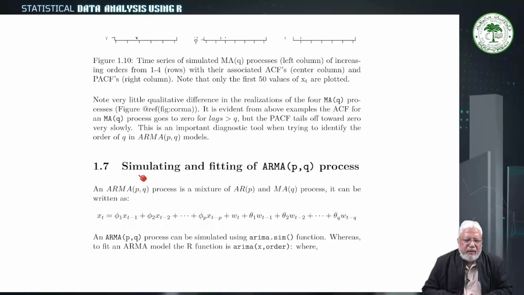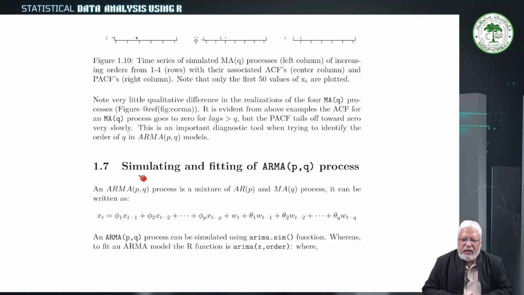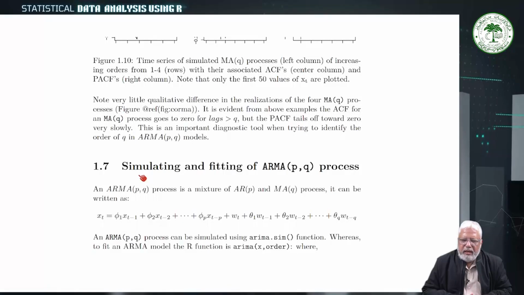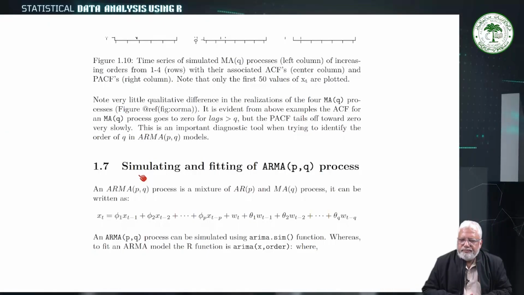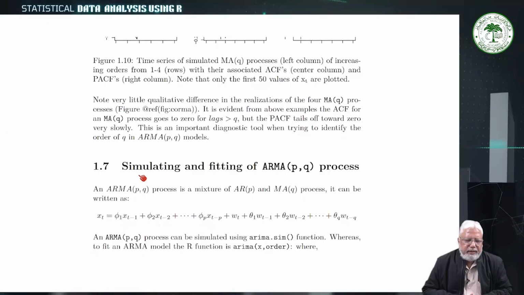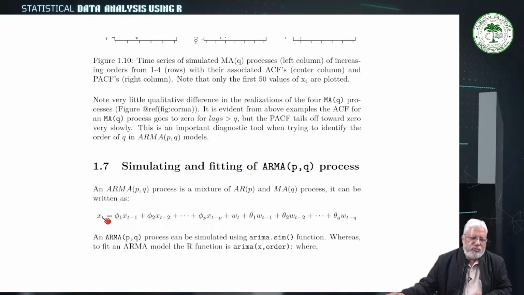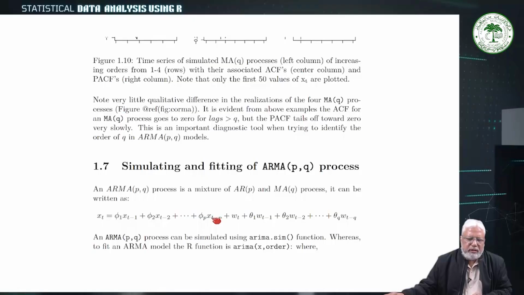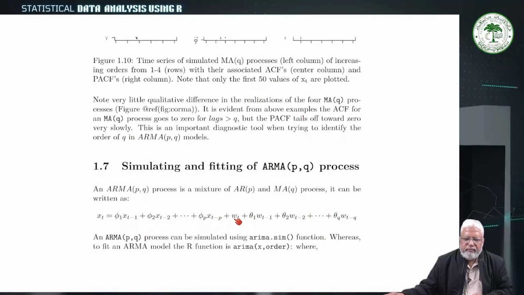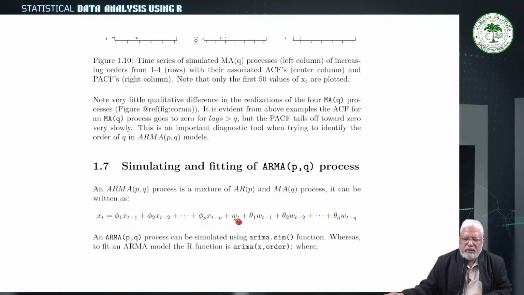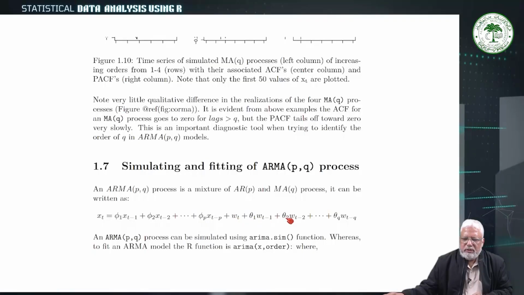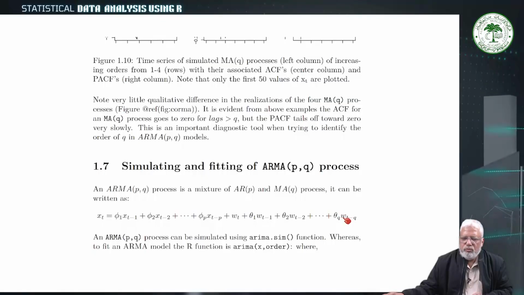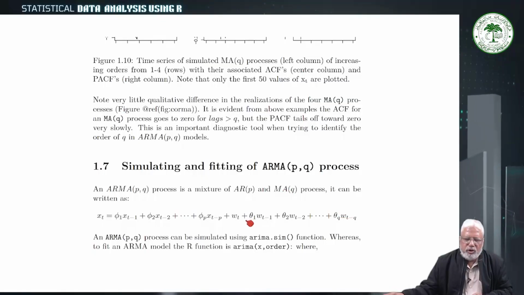And the ARMA(p,q) process is a mixture of AR(p) and MA(q) processes. It can be written as x_t equals phi 1 x_{t-1} and so on. So, up to this it is the AR(p) model, and after this, w_t plus theta 1 w_{t-1} up to w_{t-q}. So, this is the MA(q) model.